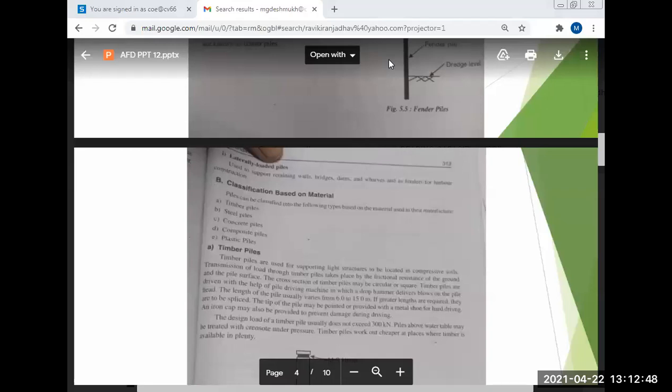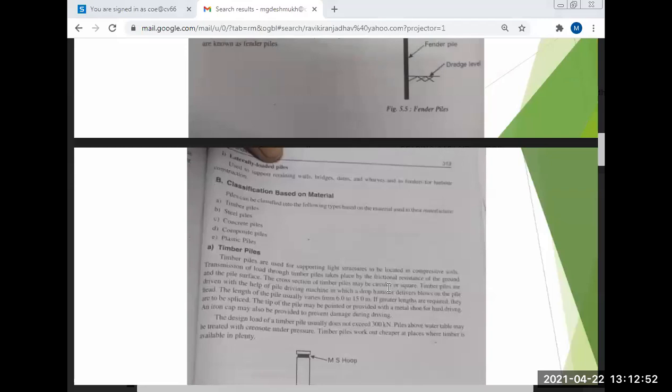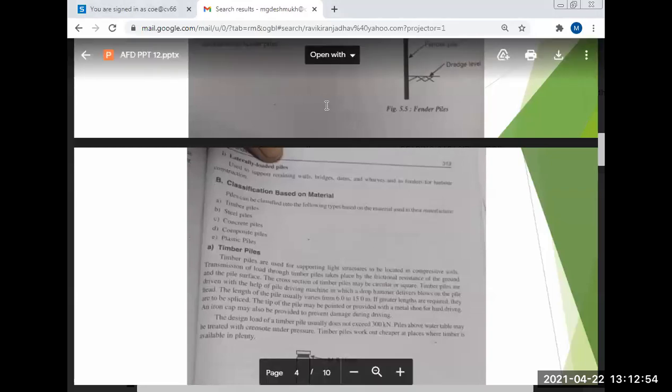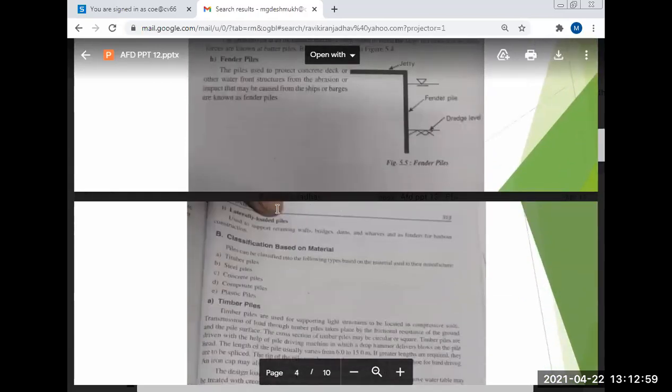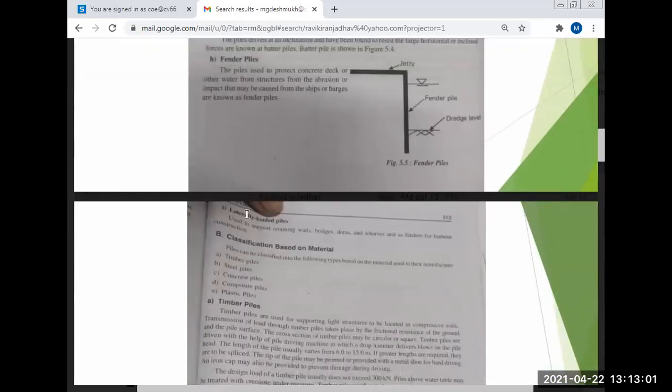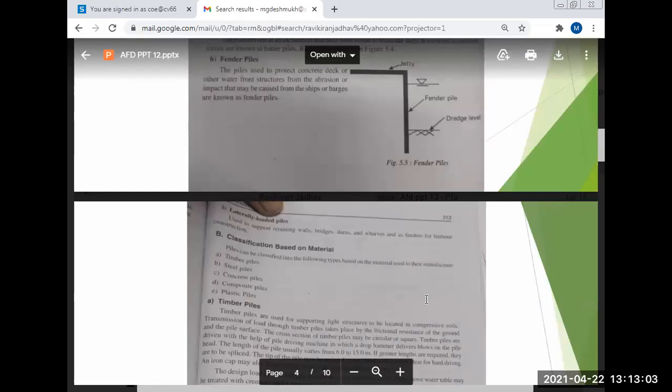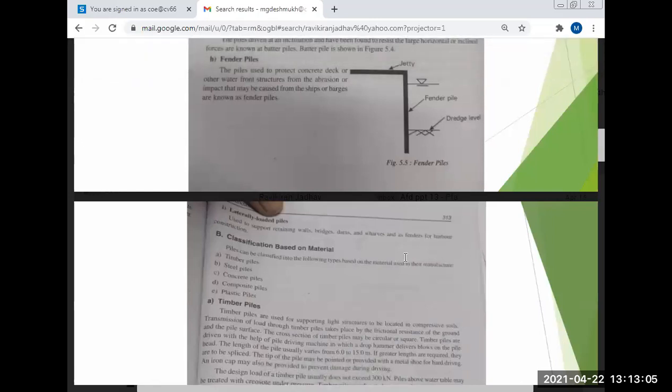Then anchor pile, then tension pile, then sheet piles. Got it? Then batter piles, then fender piles, then laterally loaded piles. So these are the different piles based on their functions.